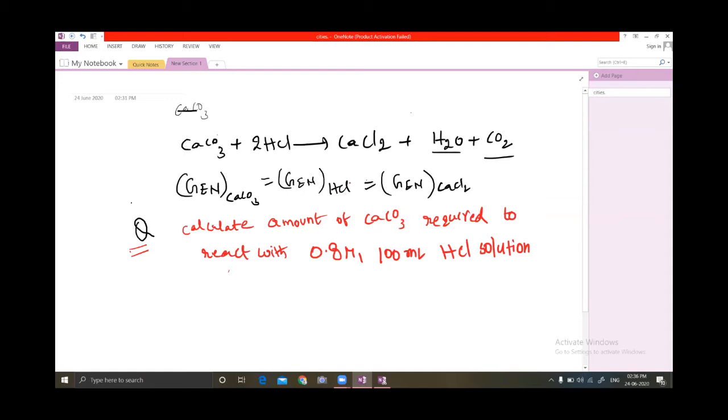Check it. This is the question I gave. Can you solve this question? First try your own method. If you are not getting it, I will try.